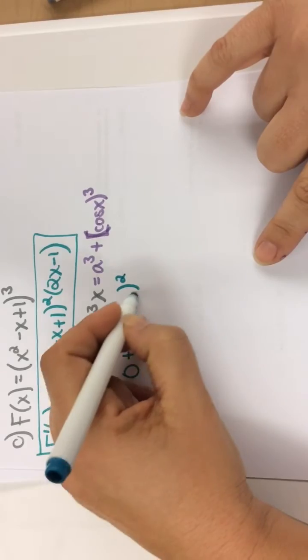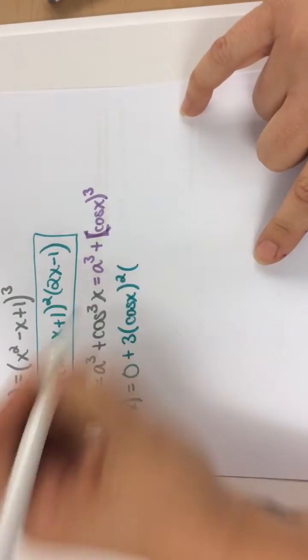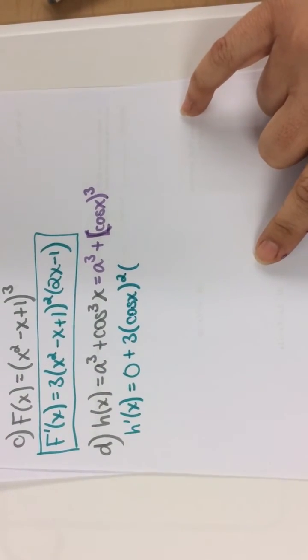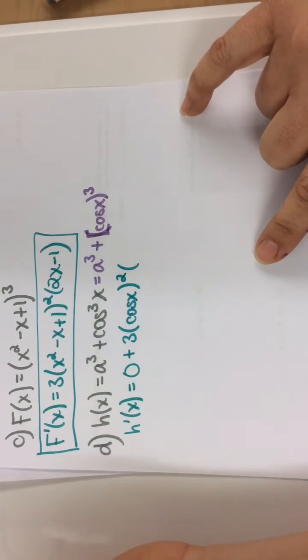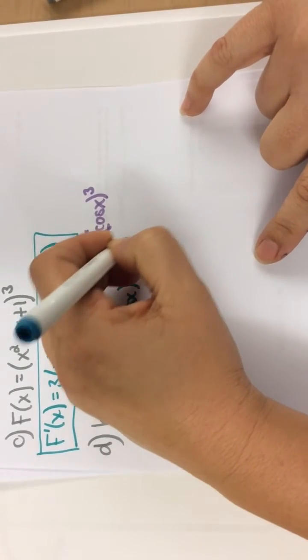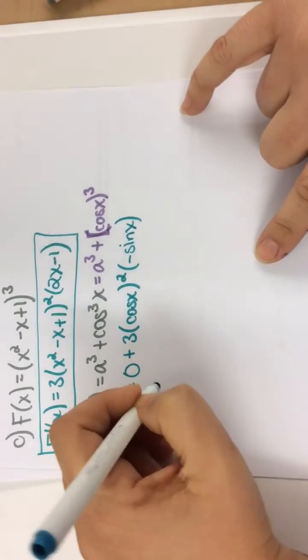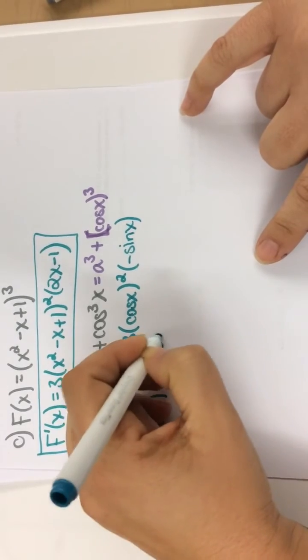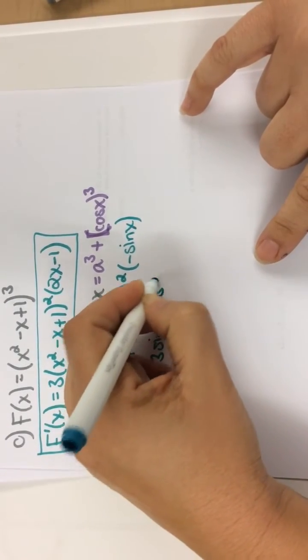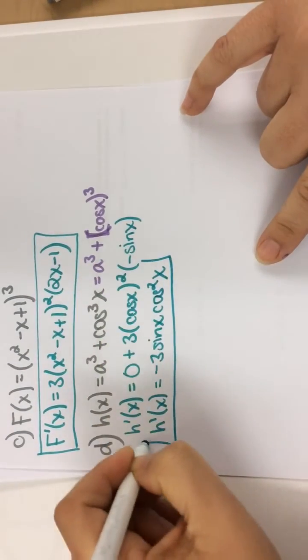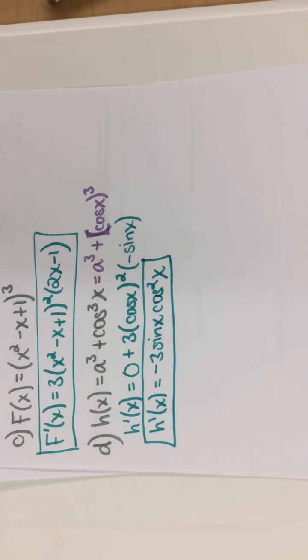Leave the inside alone, then multiply by the derivative of the inside. The derivative of cosine is negative sine. So h prime is negative 3 sine cosine squared. And I'm done.